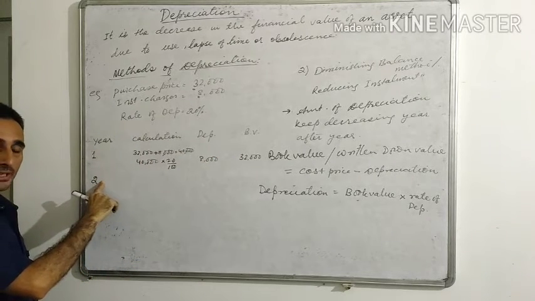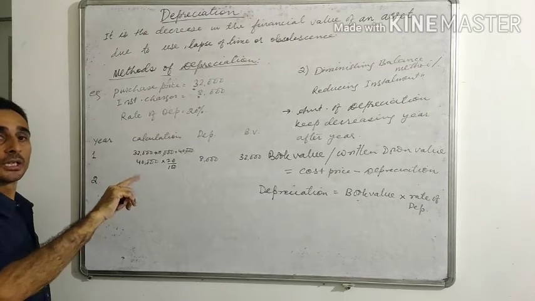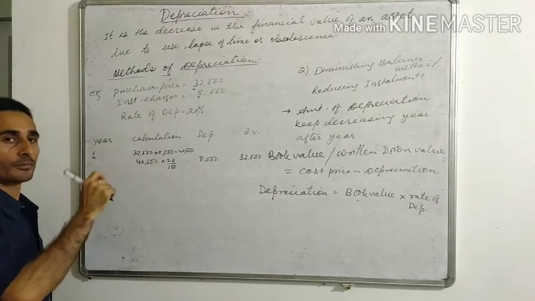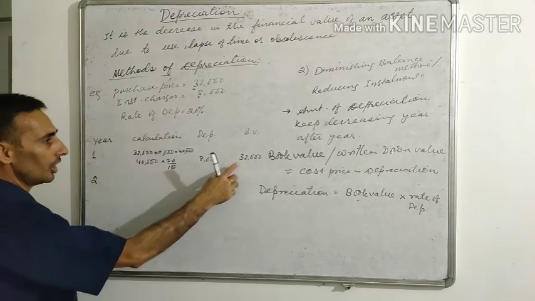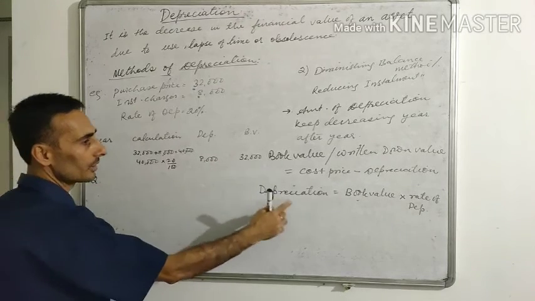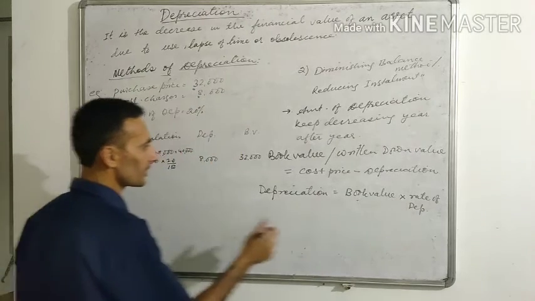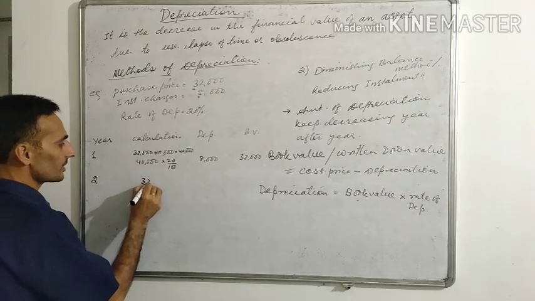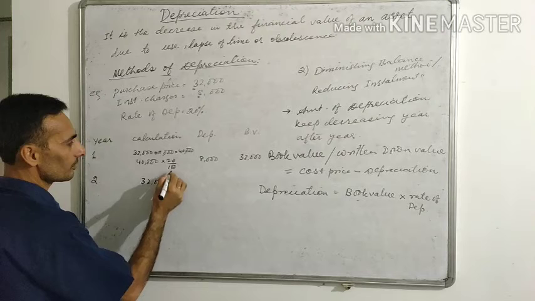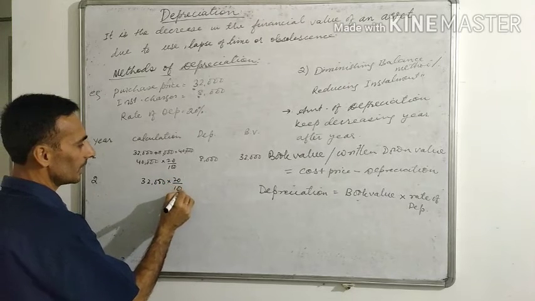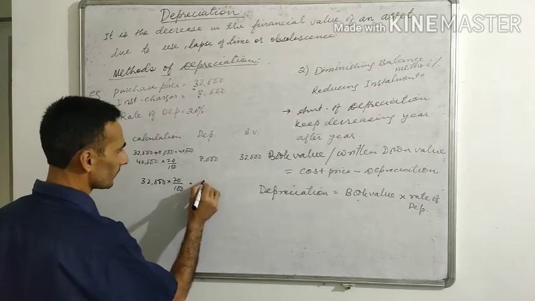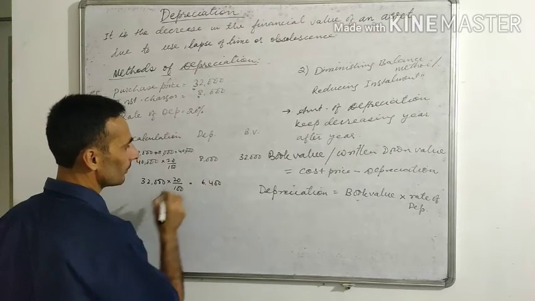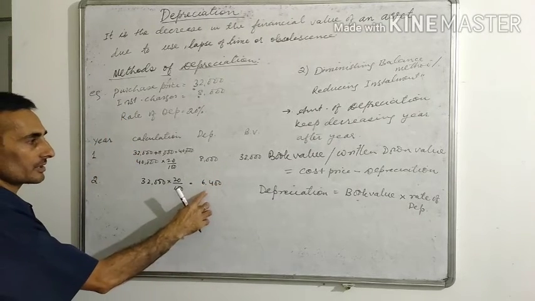So the depreciation is calculated on the book value in the beginning of that year, right? So the depreciation for the second year will be on the book value of 32,000, that is book value into rate of depreciation. So the book value is 32,000 into rate is 20 by 100. So that gives you 6,400. This is the depreciation.